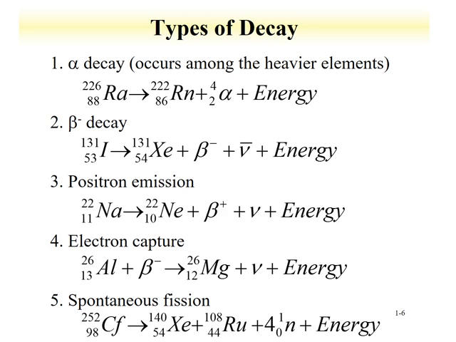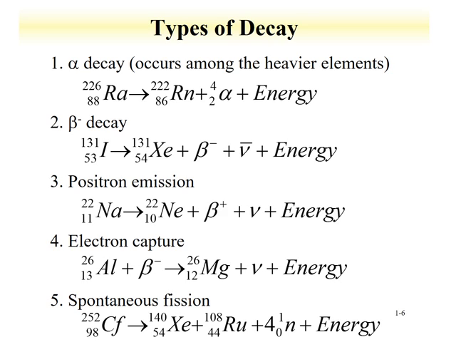Positron emission is where a proton is converted into a neutron with the emission of a positron, which is the antimatter pair of the electron. Electron capture is where the nucleus captures a K or L shell electron, an atomic electron. In this case, a proton is converted into a neutron.